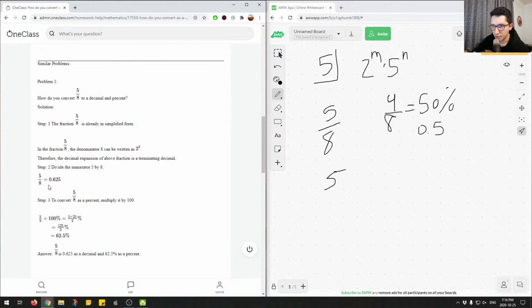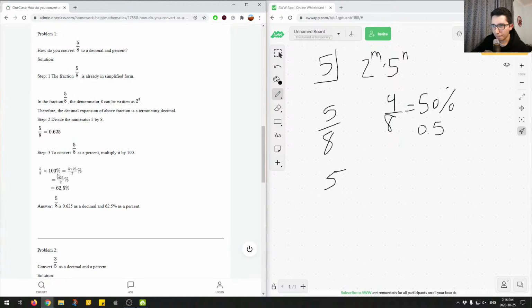The easiest way would be plugging into your calculator, but you can see here they do 5 times 25 divided by 2, and they divide 125 by 2. So here they rearrange.